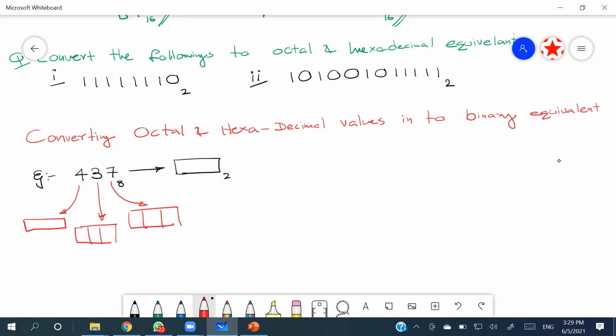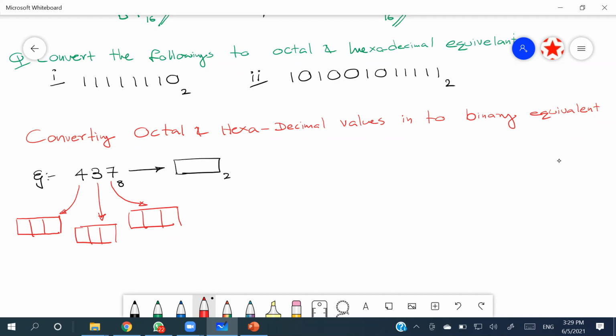Right? So we consider each and every value individually, 4, 3, and 7 individually, and consider them as decimal values and convert them into binaries. Then when converting, there is a very easy way of doing this.